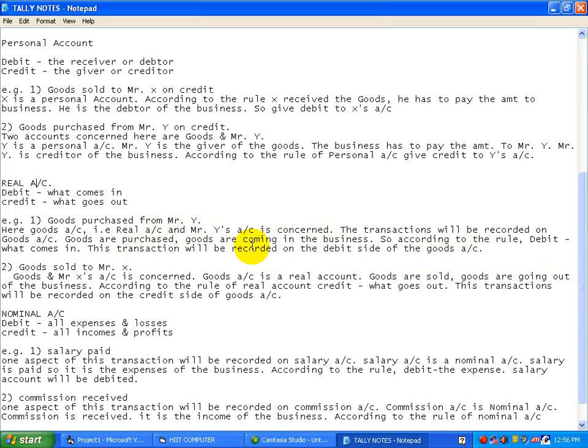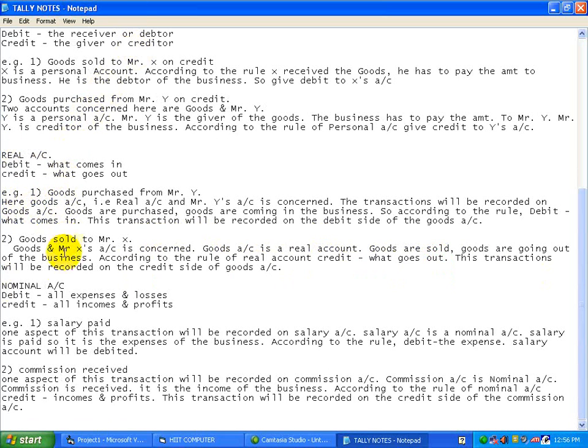This transaction will be recorded on the debit side of the goods account. If you sold the good to any person, goods and Mr. X account is concerned, goods account is real account, goods are sold, goods are going out of the business. According to the rule of real account, credit what goes out. This transaction will be recorded on the credit side of goods account.